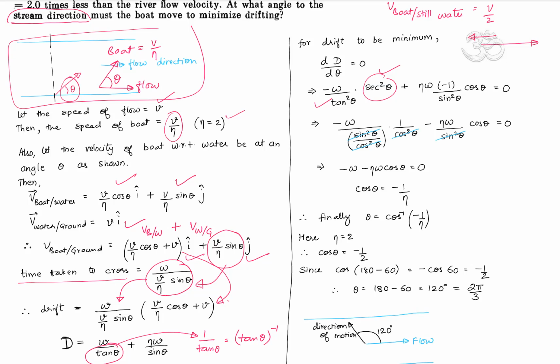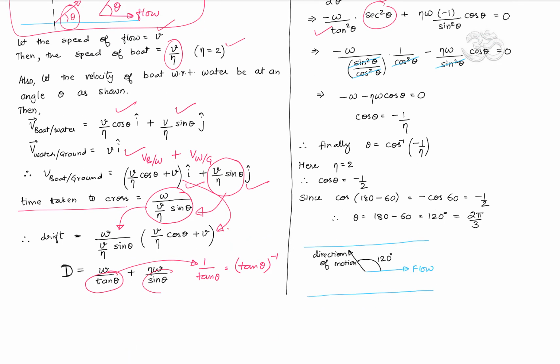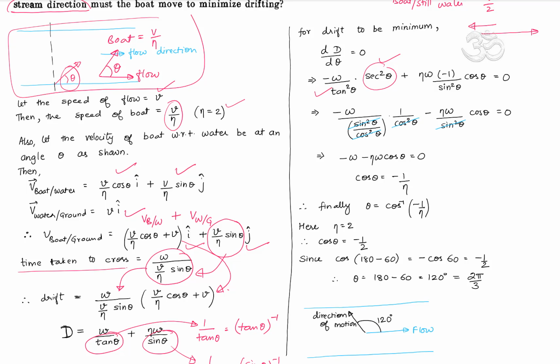Then you have eta w into, this again here is 1 by sine theta, that is sine theta raised to the power minus 1. So this is minus 1 sine theta raised to the power minus 2 d by d theta of sine theta, that is cos theta. Then we can solve this equation getting cos theta as minus 1 by eta, and so this would be the answer.